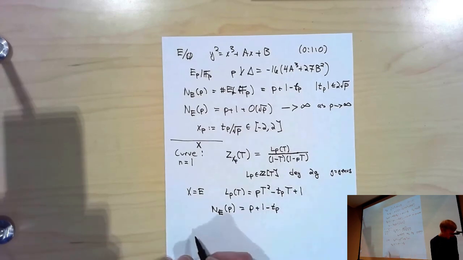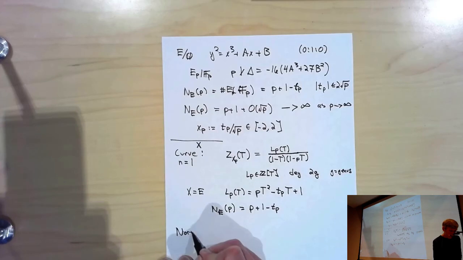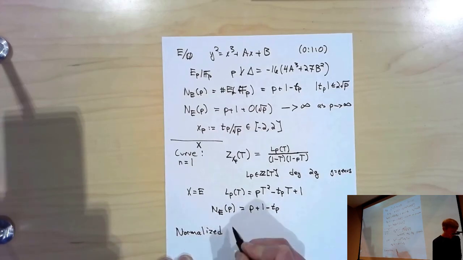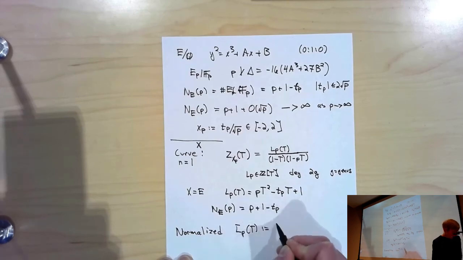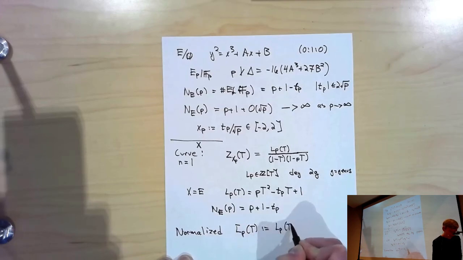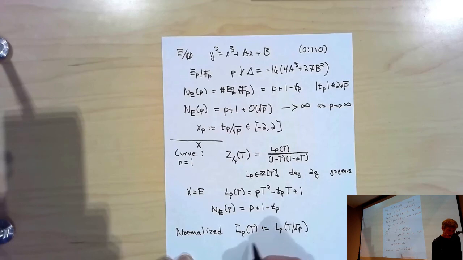Now, we want to consider, as we did with our Frobenius traces that we normalized by dividing by the square root of p, we're going to normalize these L polynomials. So we're going to replace T with T over the square root of p. In the case of our elliptic curve, that means we're going to get something that looks like T squared plus a1 T plus 1.